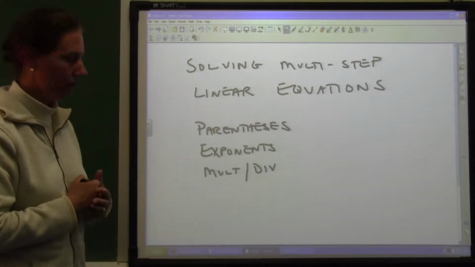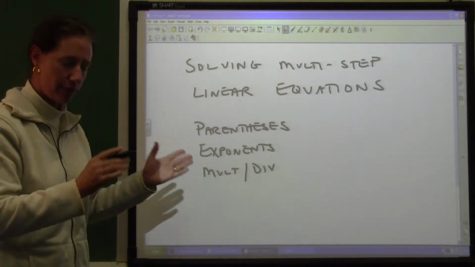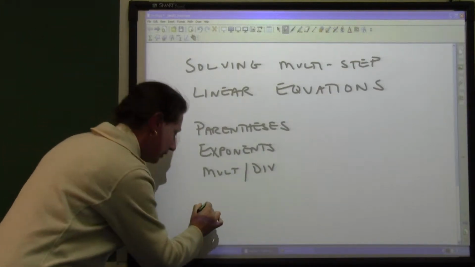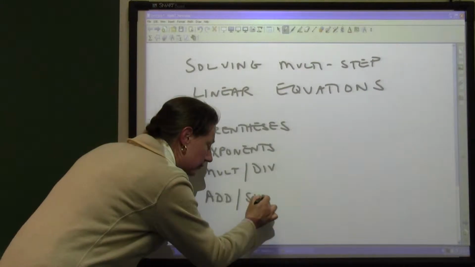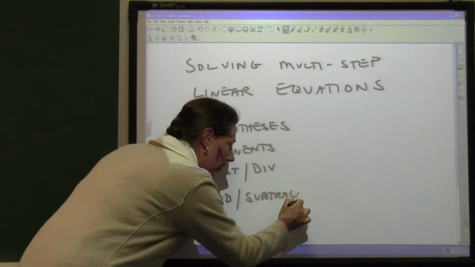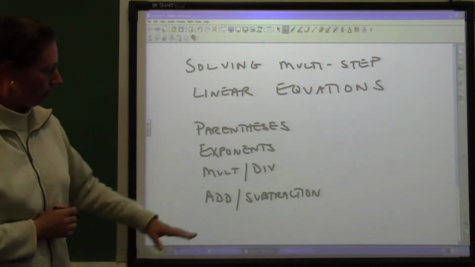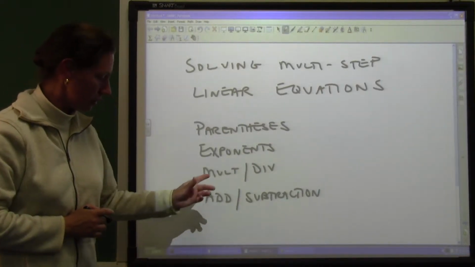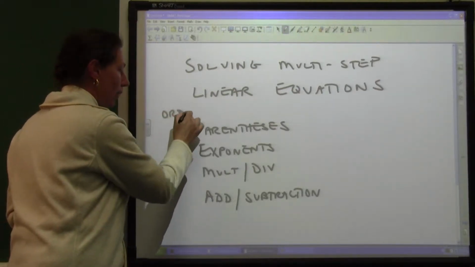They're equal power, because we've learned, of course, that division is just multiplication by the reciprocal, so it's really the same power. And then the last thing we evaluate is addition and subtraction. They also have the same power, because really subtraction is just addition of the opposite. So this is our order of operations.